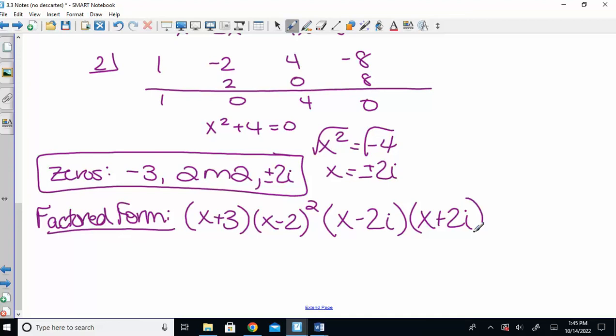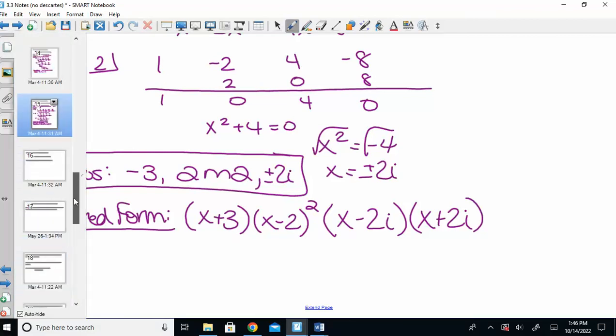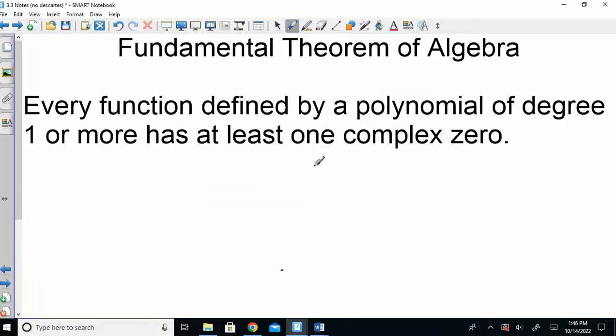So the last little bit that I want to talk about today is the fundamental theorem of algebra. It just tells us if you have a polynomial with a degree 1 or higher, it has at least one complex 0.